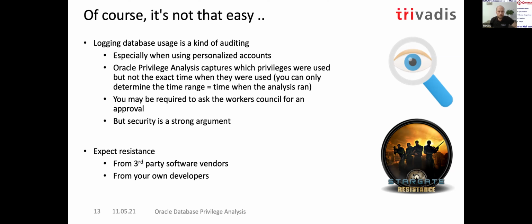I made the experience that software vendors and your own developers often don't like if you analyze their applications and find out which probably high privileges are granted but not needed. So expect resistance from them. But at least if you're the DBA and if you're responsible for an important production system, you're on the safe side.